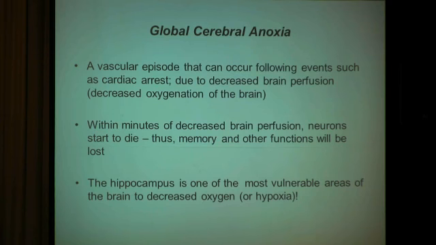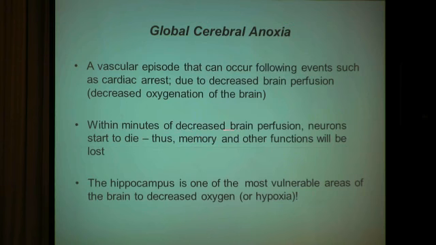Now, one of the things that matters here is that when you have a heart attack, you have decreased brain perfusion, okay? Because the heart isn't able to send the blood up to the brain. And so when you have a heart attack, you have cerebral anoxia, which means cutting the brain off from oxygen.